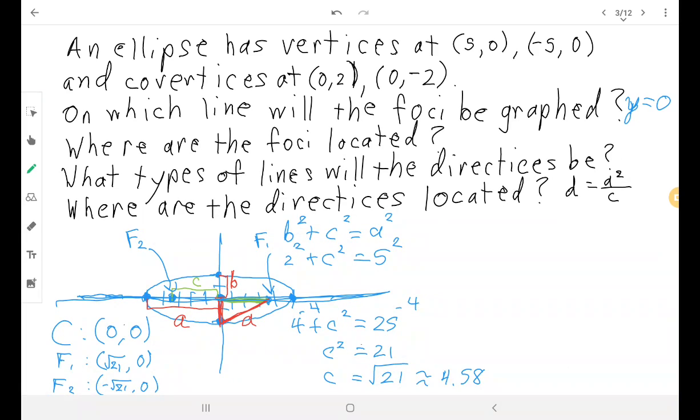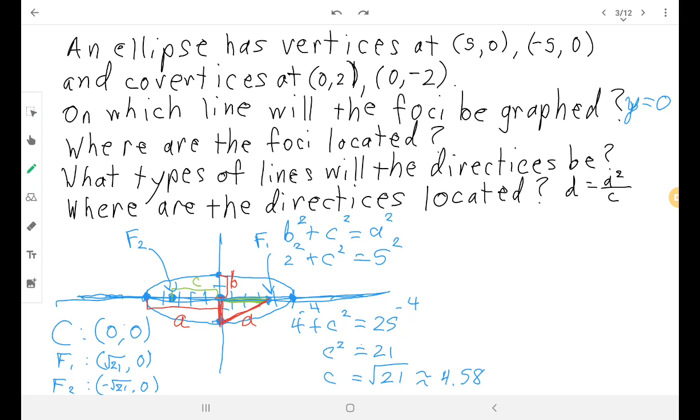Now, if we had some other center, we would go through the same process, except you would be adding and subtracting that value from whatever it was there, unless you were moving in the y direction, and then you'd do it there. Okay? So going back and forth between the picture and what you're calculating can be extremely helpful here. It can really help show you how things are moving, which direction they're moving, and help tell you, okay, I need to add things, subtract things, all that stuff.